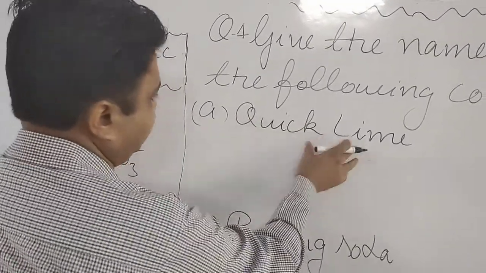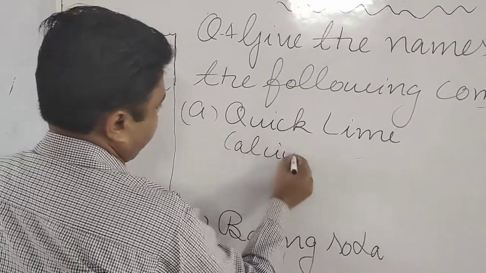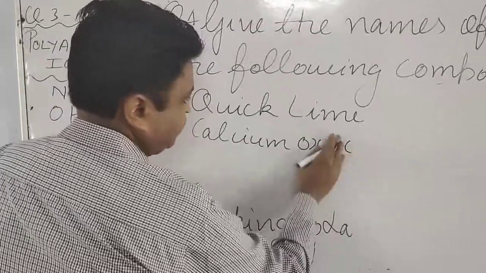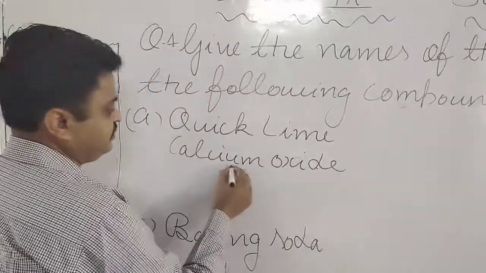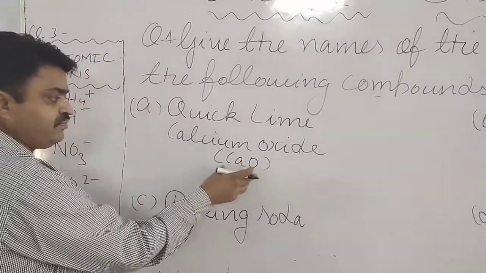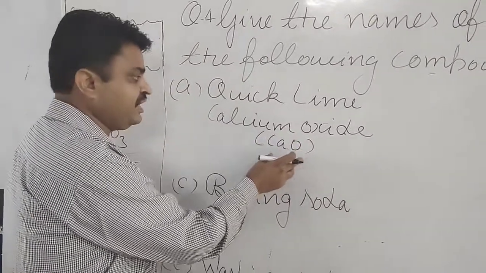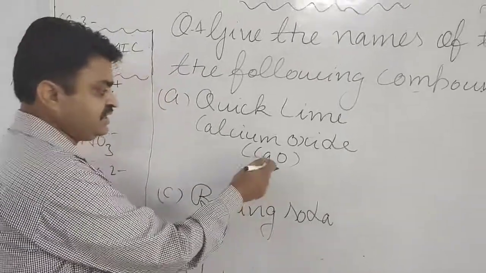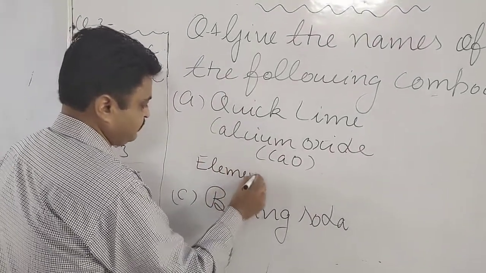What is the chemical name of quicklime student? It is calcium oxide. And what is the formula of this? It is CaO. So now with the help of this chemical name or chemical formula, you can easily tell which elements are found in this.